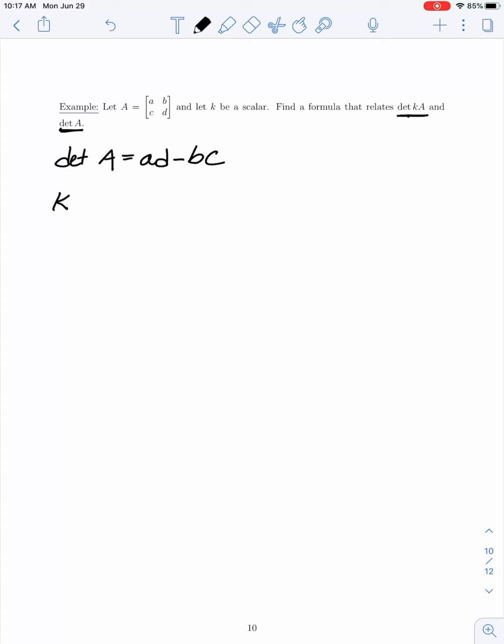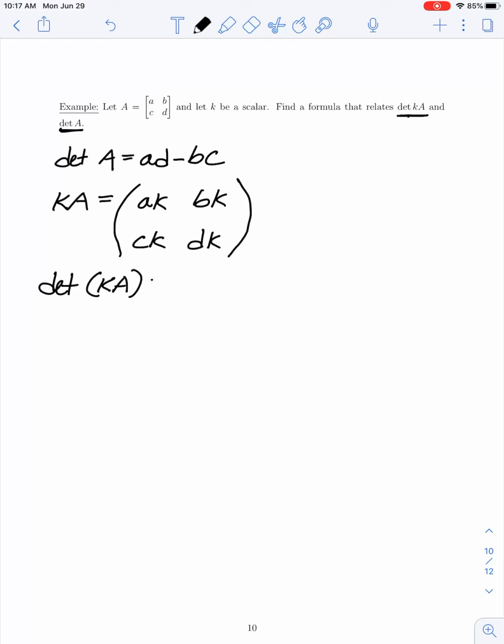And let's look at the matrix k times A. Scalar multiplication of a matrix means that we take each entry in our matrix and multiply by that scalar k. So we have the following, and the determinant of this matrix, k times A, is given by the product of the diagonals.